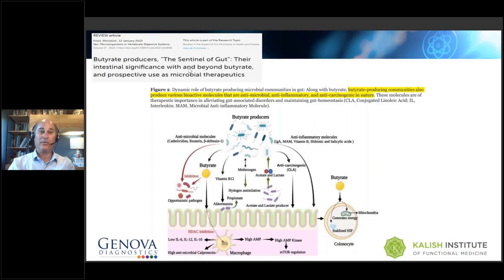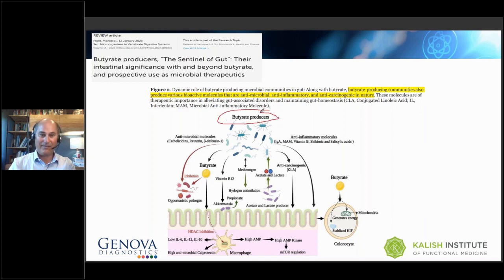So butyrate producers, the sentinel of the gut. What does that even mean? Butyrate is a short chain fatty acid. You can buy it in supplement form. Here are the butyrate producing bacteria.